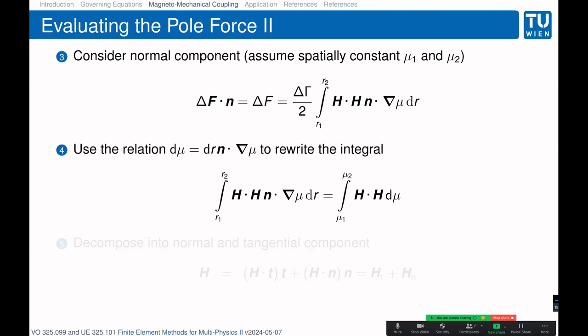So you can rewrite this spatial integration in a du, so change of the permeability, and by this you transform the spatial bounds also in bounds in u, and this is how you see that the permeability jump is what matters for the force.